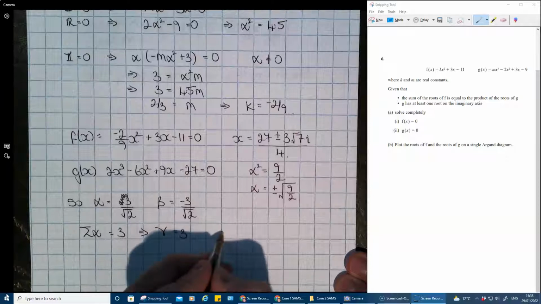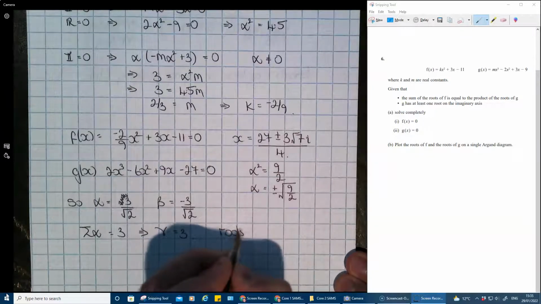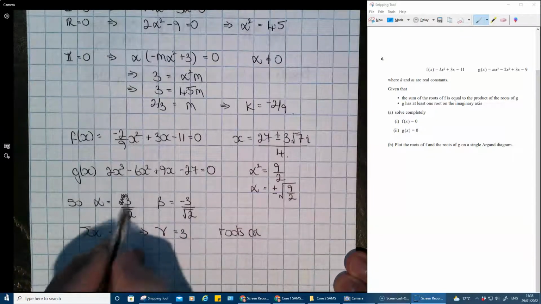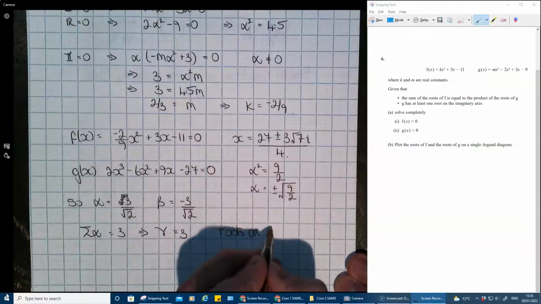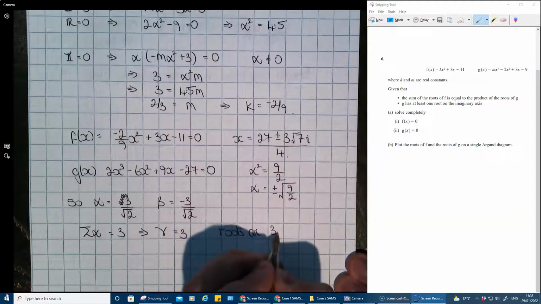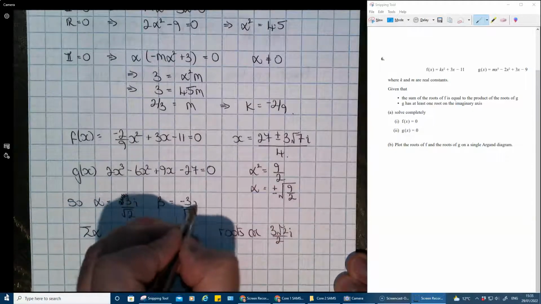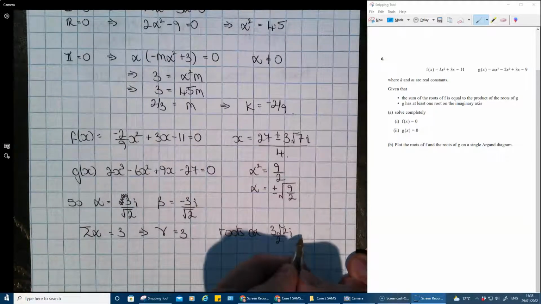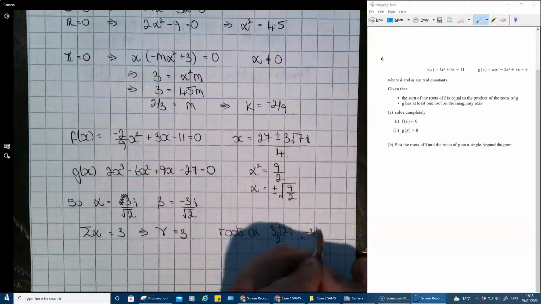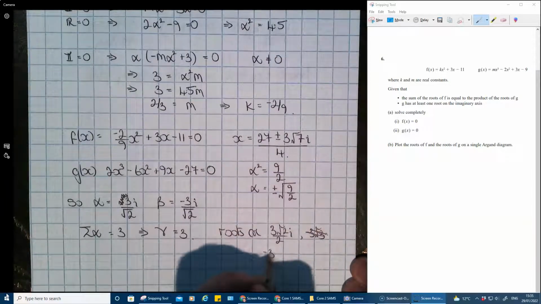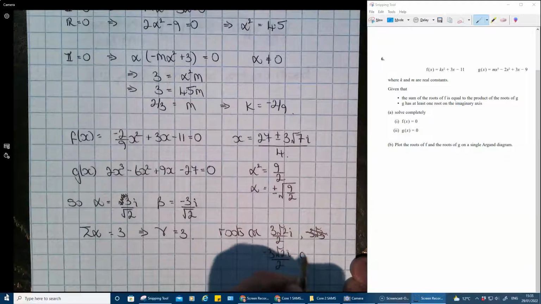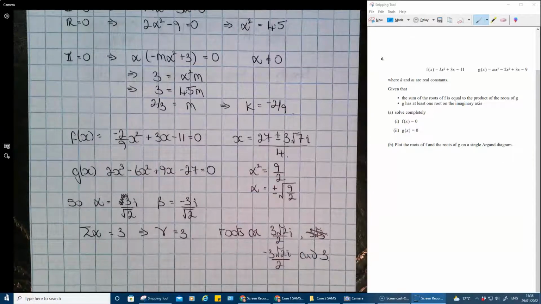Okay, so the roots are, if I rationalise the denominator, 3 root 2 over 2 i, so it should be i's, apologies, minus 3 root 2 i over 2, and 3.